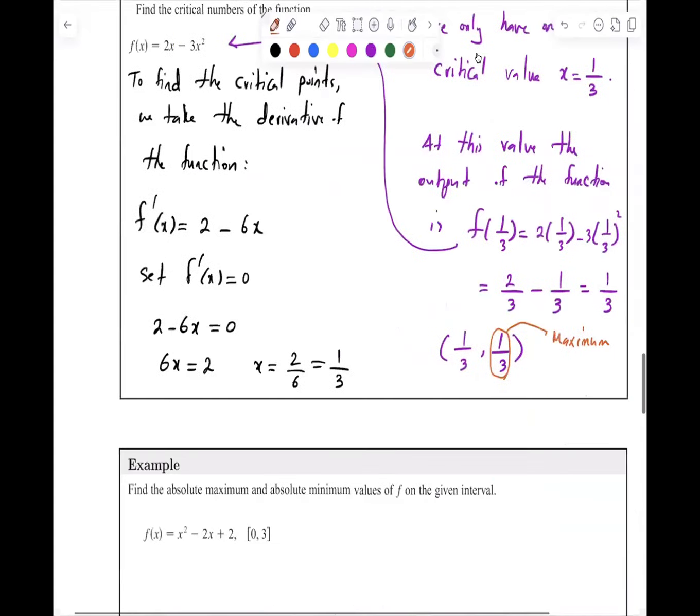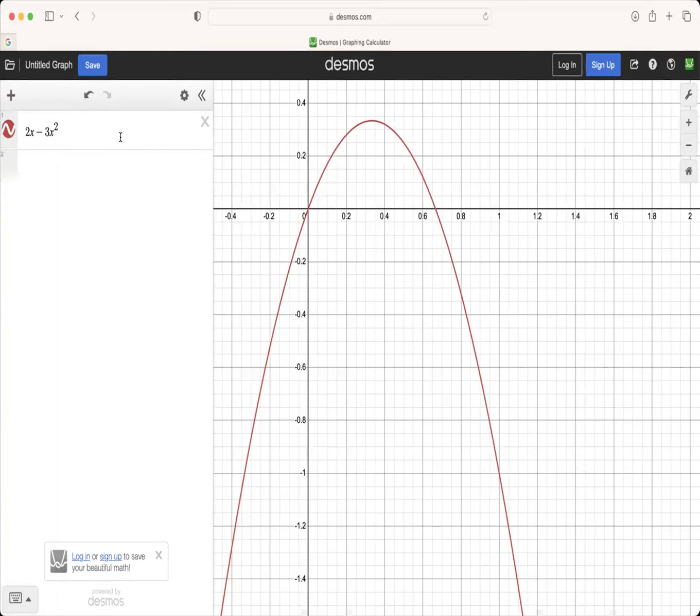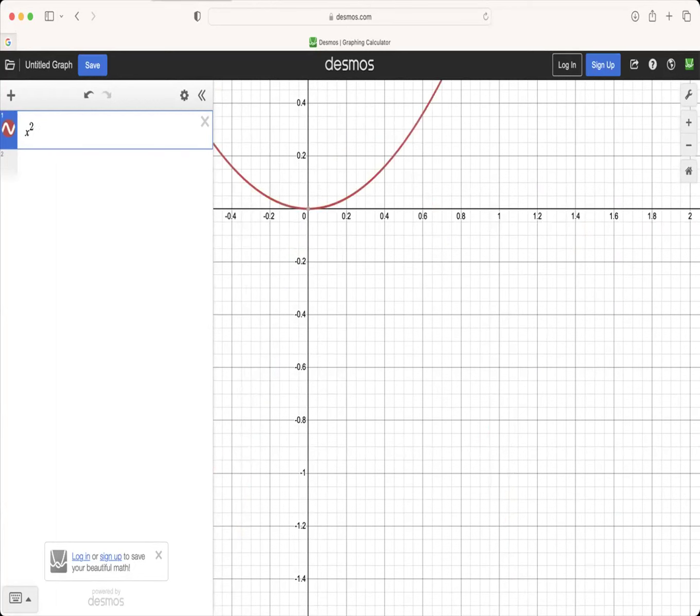Let's take a look at another example for you. We have another quadratic function, x squared minus 2x plus 2. Let's take a look at Desmos and see what the function looks like. So here I have x squared minus 2x plus 2.